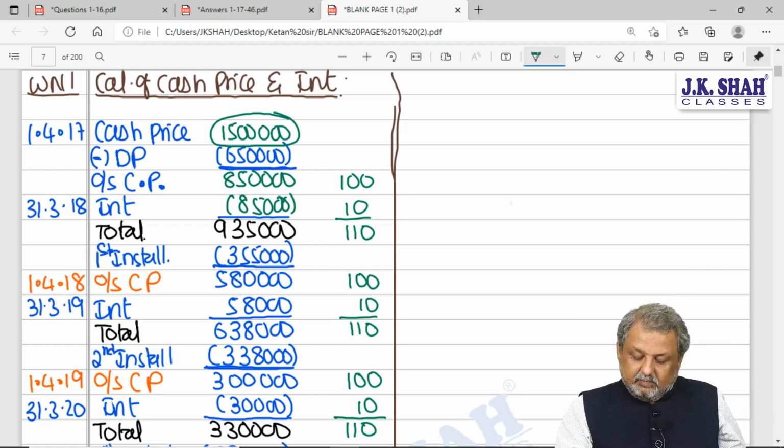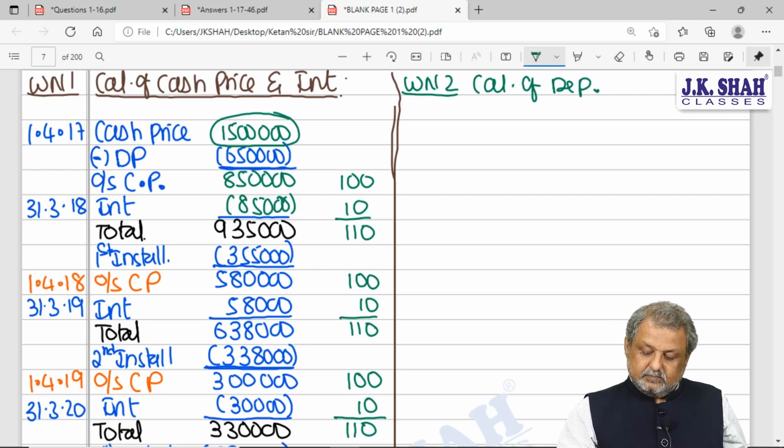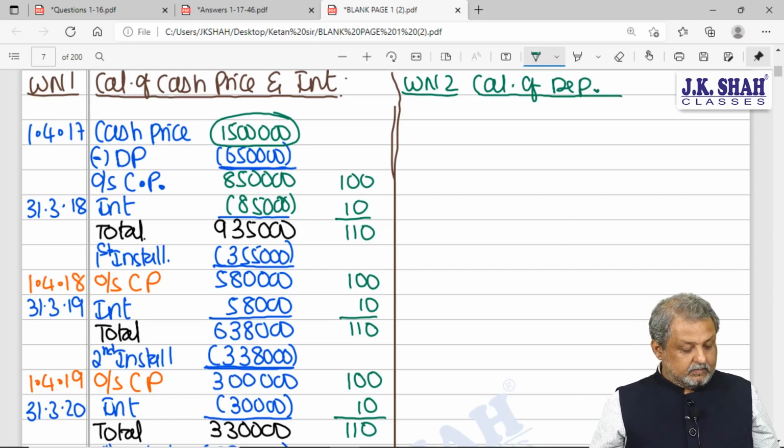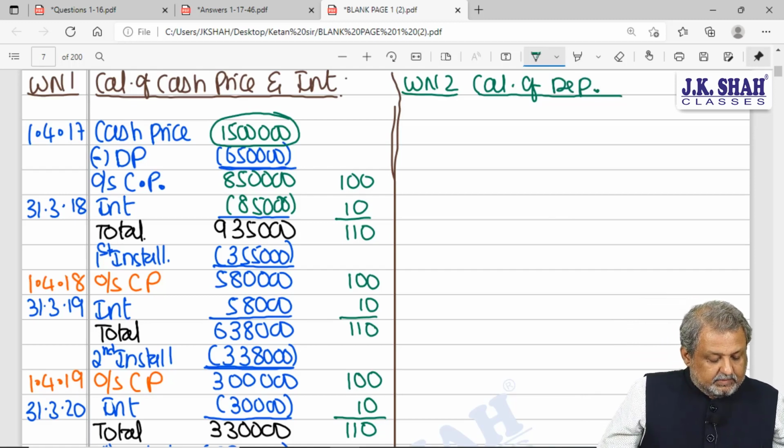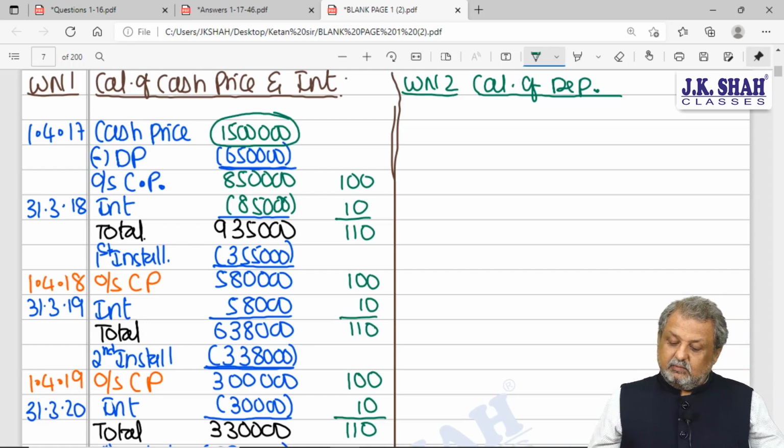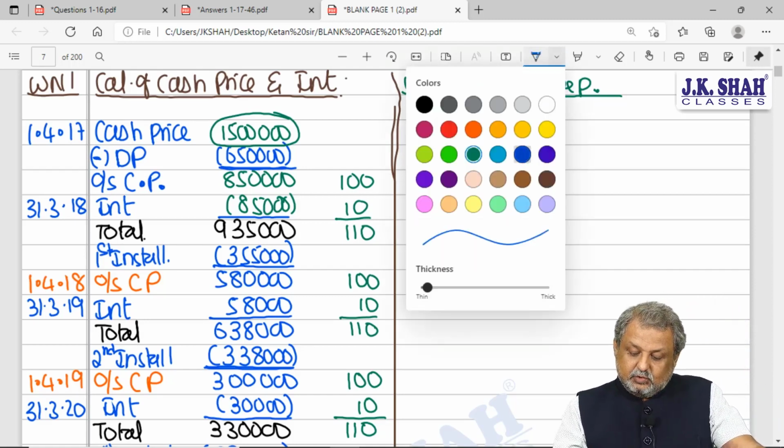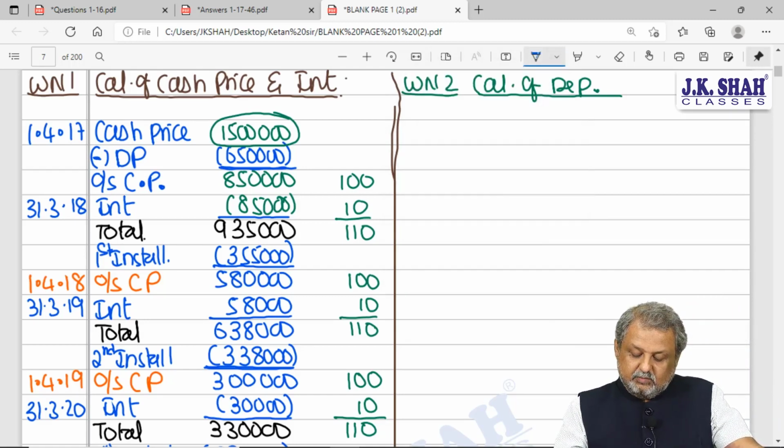Then we will make working note 2, calculation of depreciation. Tell me, Beta Enterprise depreciates at 20% diminishing balance. So same date, 1st April 17.